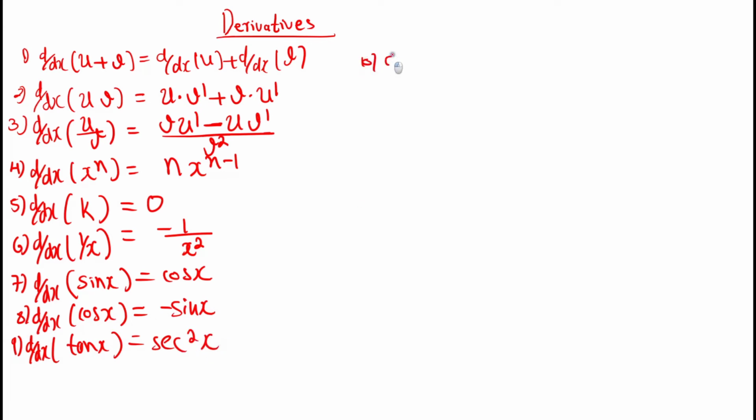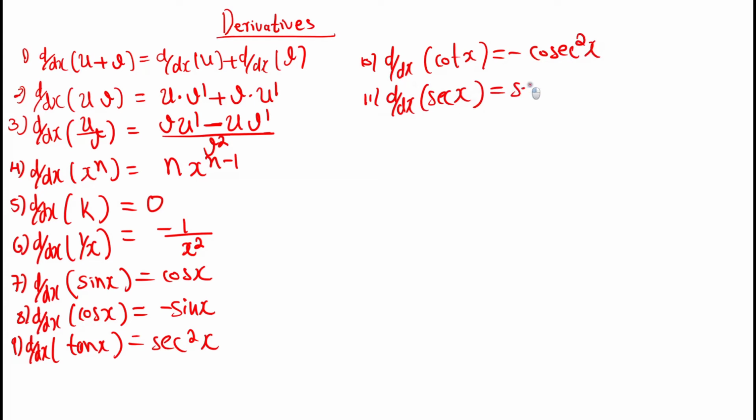Next, d by dx of cot x is equal to minus cosecant square x. Next one, d by dx of secant x is equal to secant x into tan x. And the next formula, d by dx of cosecant x is equal to minus cosec x into cot x. Okay, these are very important 12 formulas related to derivatives.